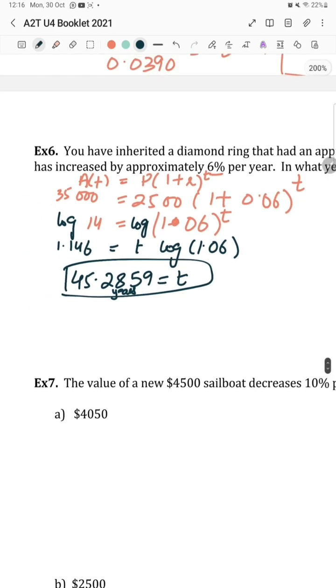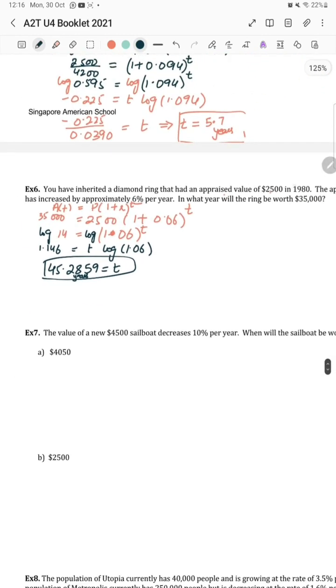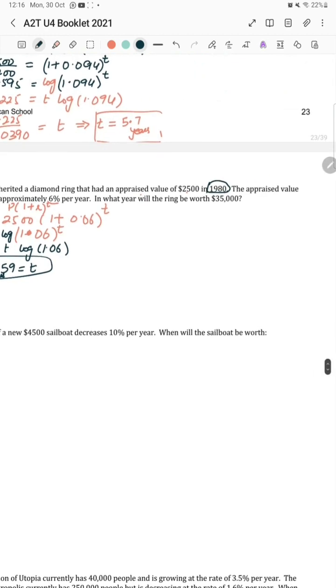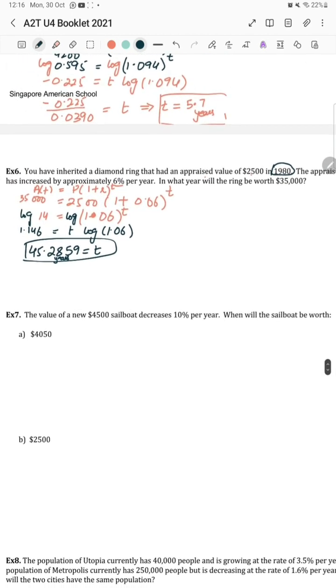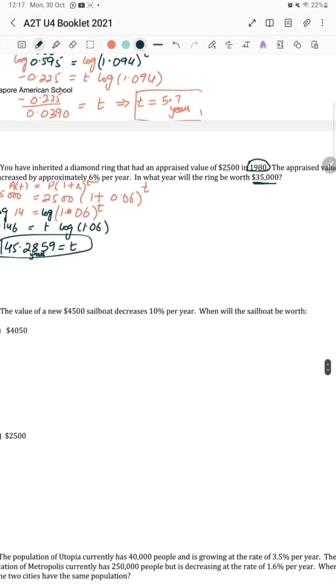Okay, so they were saying that you have inherited a diamond ring that had an appraised value of 2,500 in 1980. The appraised value has increased by approximately 6% per year. In what year will the ring be worth 35,000? So in 1980 it was 2,500, so after 45 years, 1980 plus 45 years will be equal to 2025.